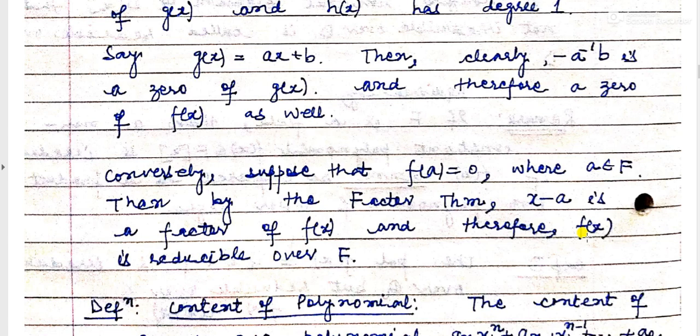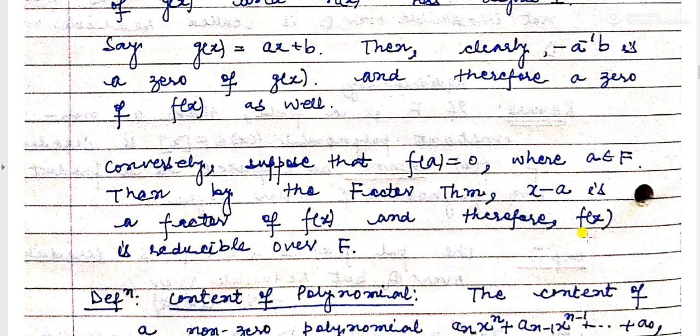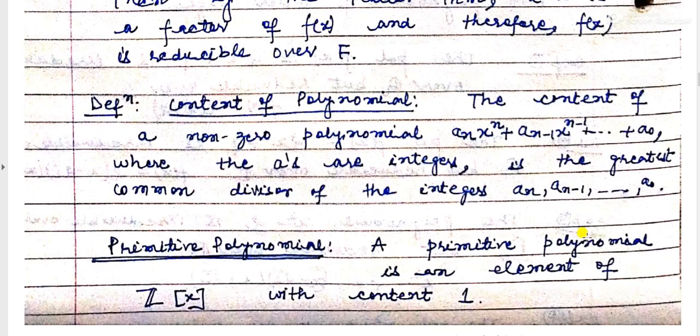Now we are done. Now let's come to this definition, content of polynomial. The content of a non-zero polynomial a_n x to the power n plus a_(n-1) x to the power n minus 1 plus dot dot dot plus a_0, where the a's are integers. You have to keep in mind that these a's are the coefficients, and they are integers.